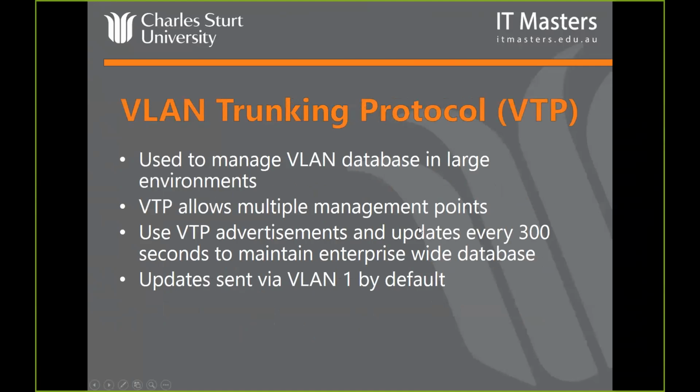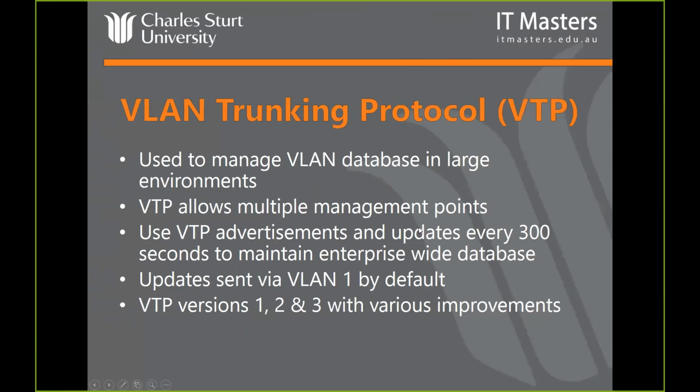VLAN Trunking Protocol is a different protocol again. It sounds similar to dynamic trunking, but it's different, and it can be confusing. VTP is basically used to manage your VLAN database in large environments. Where you have lots of VLANs, 10, 15, 20 VLANs, VTP allows the consolidation of those VLANs across all your switches that are members of the VTP domain.